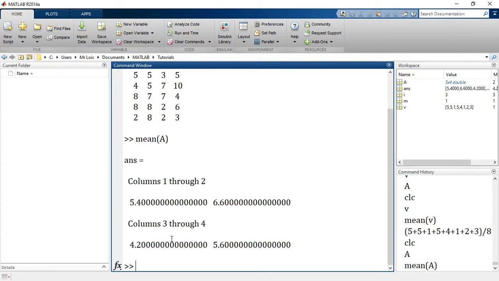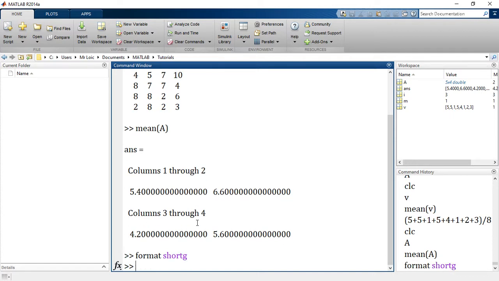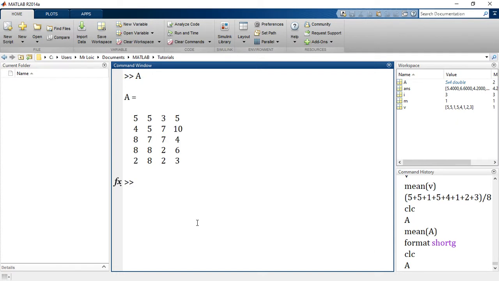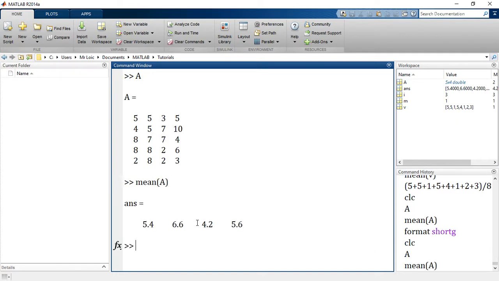You can see here again, we have to change that format today: format short G. So let's compute all of that again. Mean of A gives us that. The average of this is 5.4, the average of this is 6.6, the average of this 4.2, the average of this 5.6, as you can see.